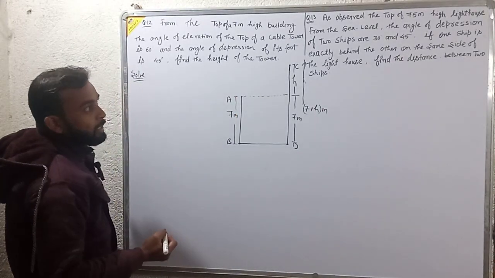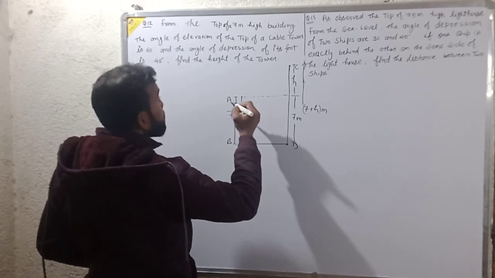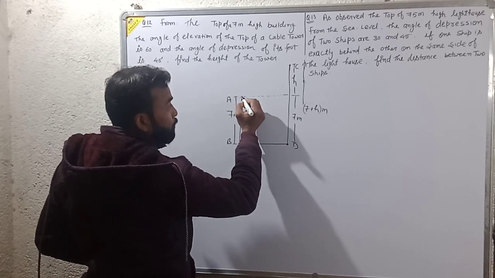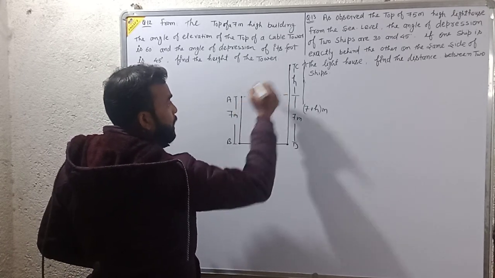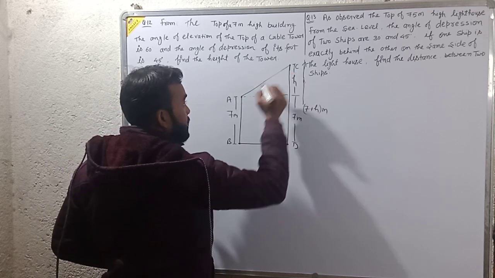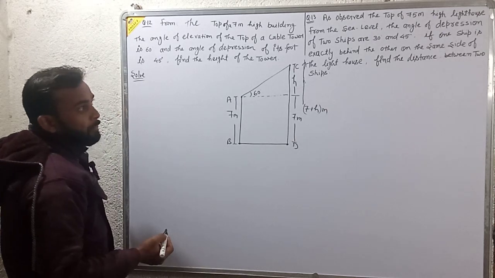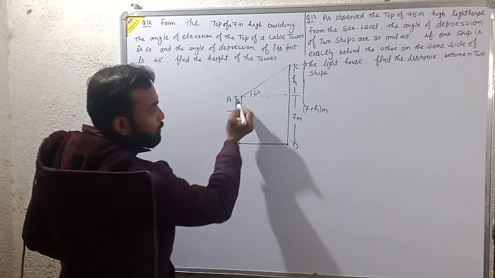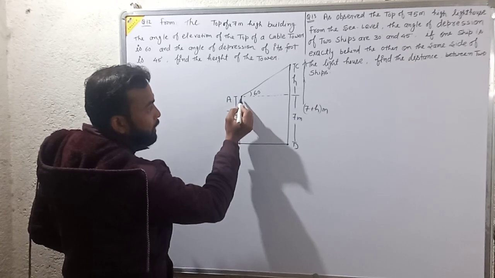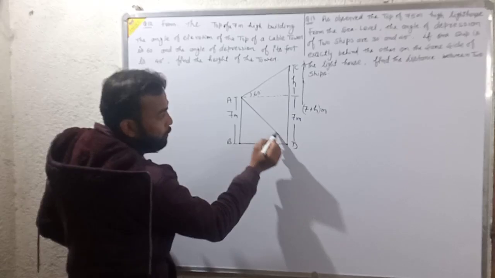It is given that the elevation angle between the top of the building and the top of the tower is 60 degrees. And the depression angle from the top of the building to the foot of the tower is 45 degrees.